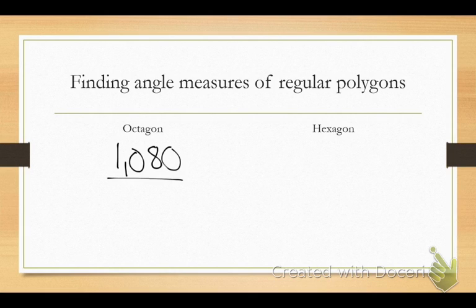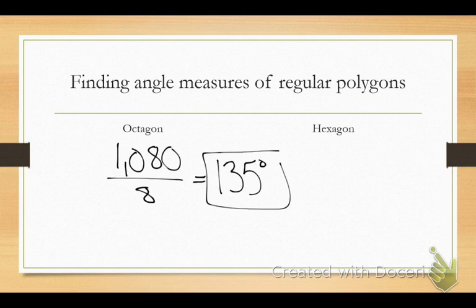So you have to know that an octagon has how many sides? 8. And what is 1080 divided by 8? 135 degrees. Here's the key, guys. It's regular, and what regular means is that they all have the same measure sides and angles. Okay, so I can do this.